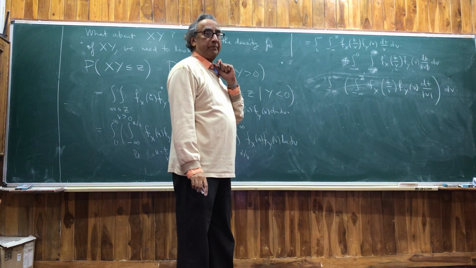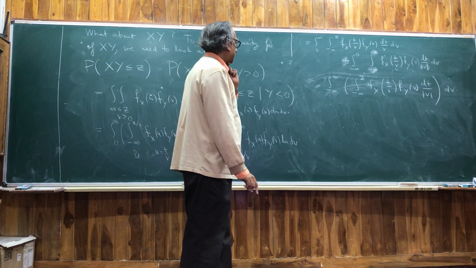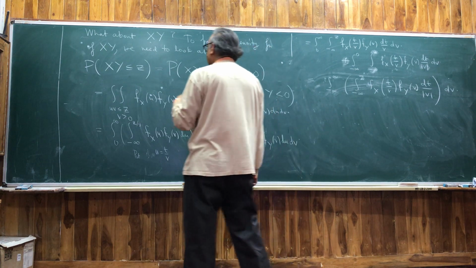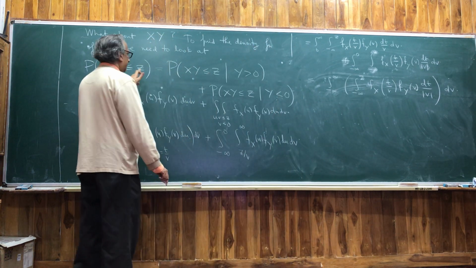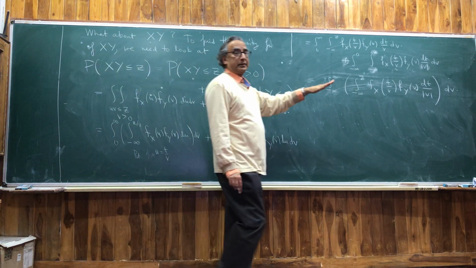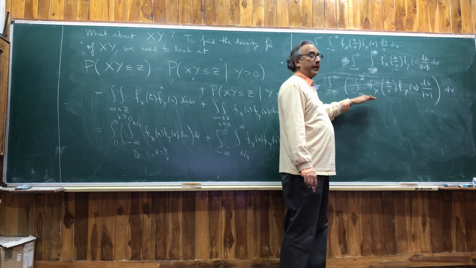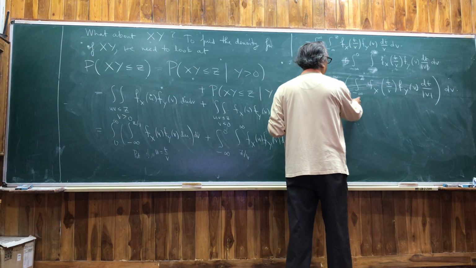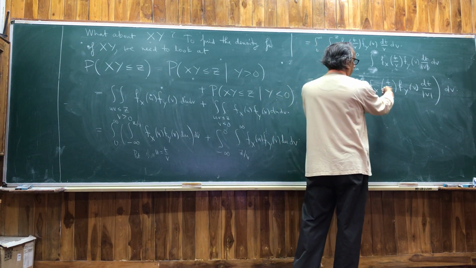Is that okay? Now I recognize the point is that the probability of x times y less than or equal to z is equal to this integral. And now I can interchange, since nothing depends on the variables now.